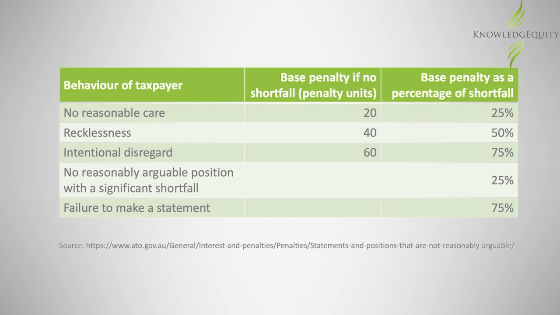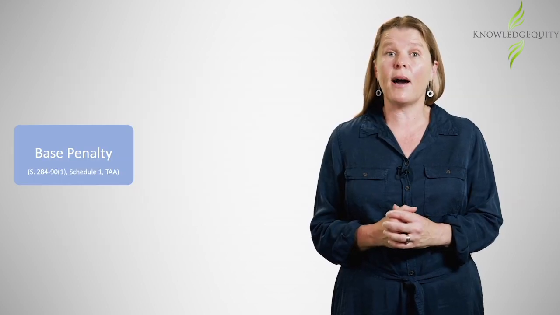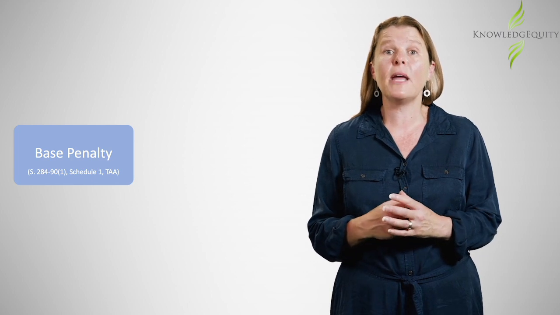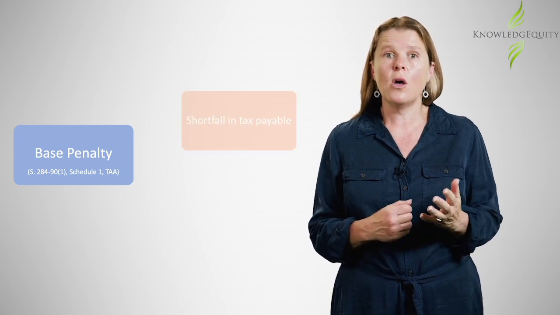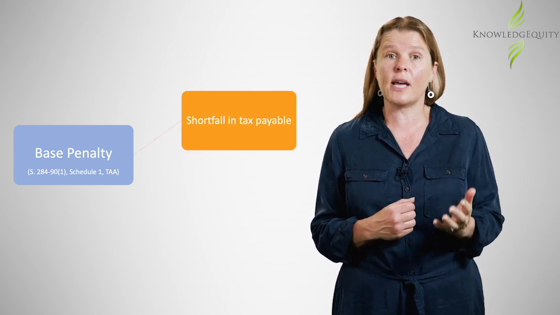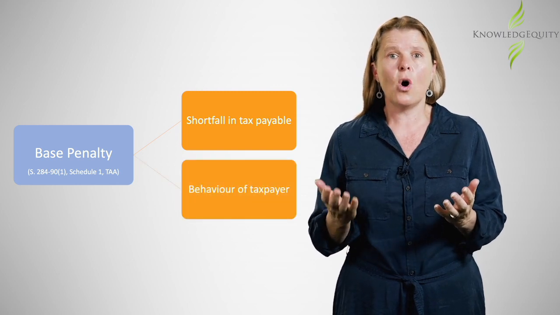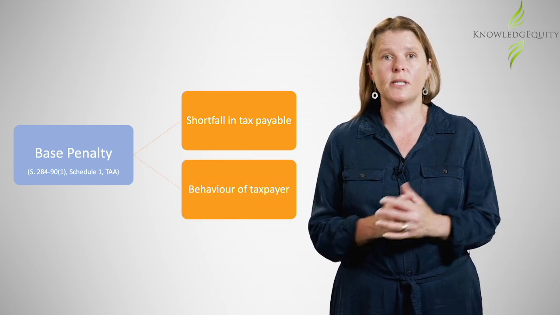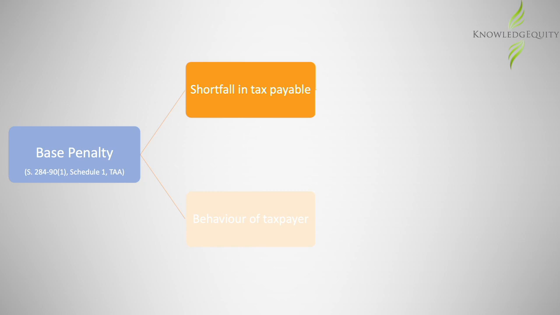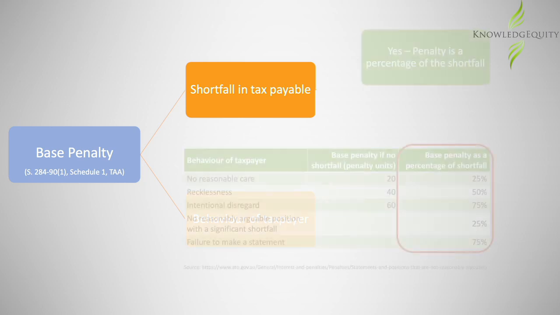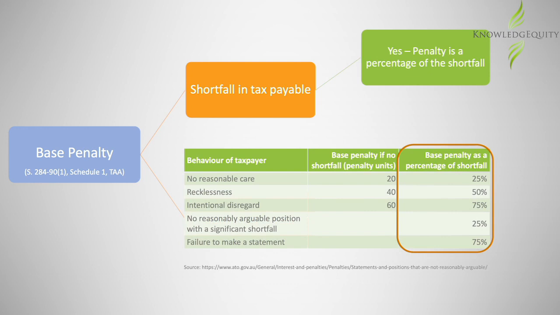An example of administrative penalties relates to statements made by the taxpayer, either directly or through their agent. The base penalty that will apply in such a situation will depend on two elements. Firstly, on whether there has been a shortfall in tax payable, and secondly, on the behaviour that led to the misstatement. Where there is a shortfall in tax payable, the base penalty will be a percentage of that shortfall.